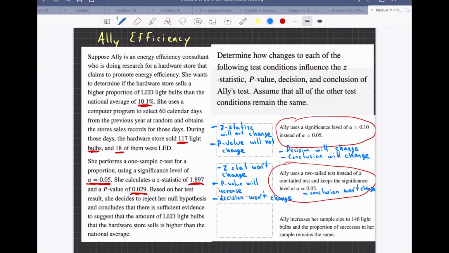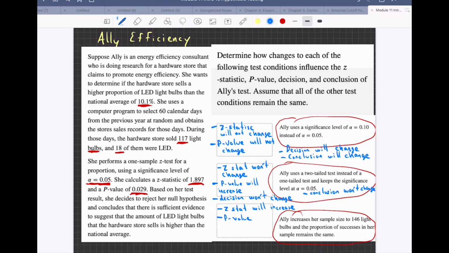Finally, Ellie increases her sample to 146. Please verify this. I'm going to write down all the answers, and we have to verify why they're true. But here, the C-stat will increase. Verify why. Will increase. P-value will decrease.